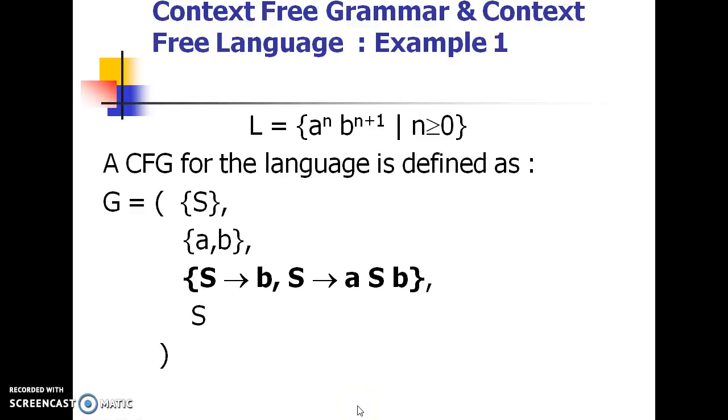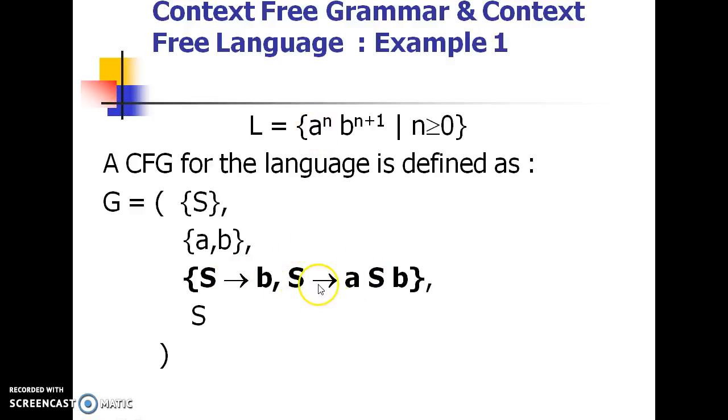As an example of a context-free grammar, let's consider the language L of the form a to the power n, b to the power n plus 1, where n is greater than or equal to 0. It's not a regular language, but we can describe it using a context-free grammar, wherein we need one variable and two productions.